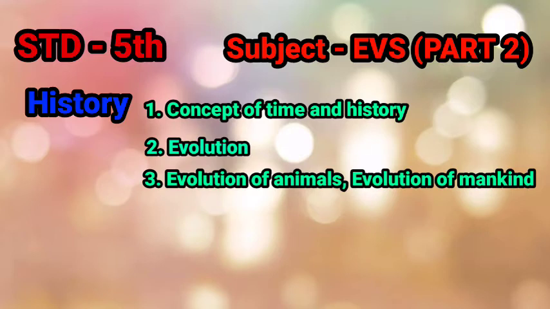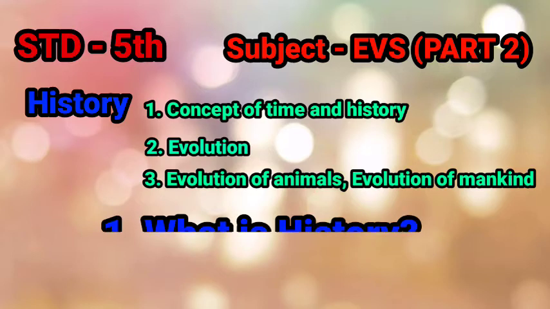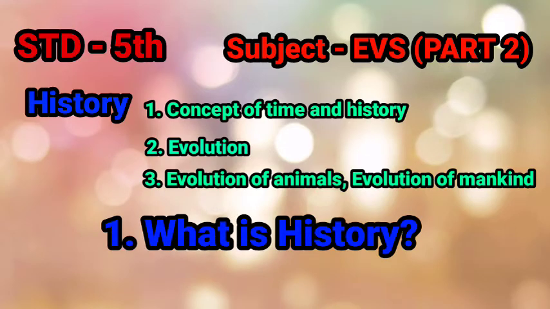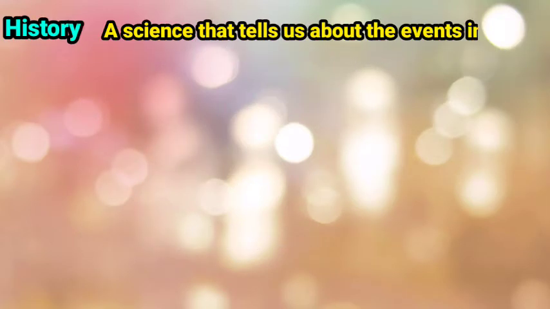In today's lesson video, we are going to start our first chapter, and the name of this chapter is What is History? So, children, let's see what history is. History is a science that tells us about the events in the past.